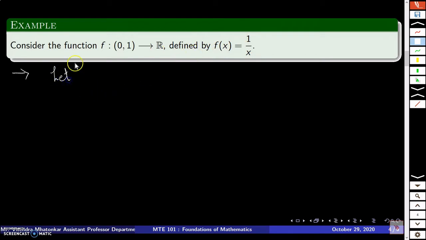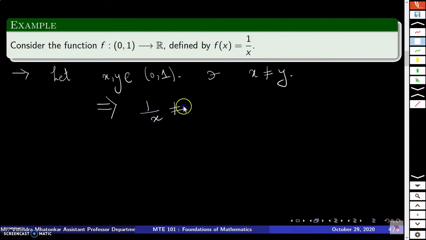So if I pick up 2 points x comma y in the domain, that's 0 1, such that x is not equal to y, this implies their reciprocals will be different. 1 by x will not be equal to 1 by y.